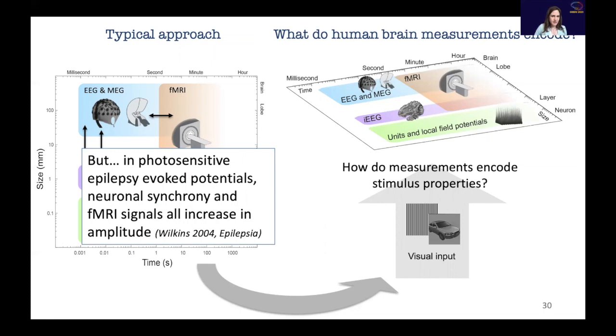In photosensitive epilepsy, we learned that evoked potential, neuronal synchrony, and fMRI signals all increase in amplitude. But let's now take this approach, given what we've learned about image computable encoding models, and apply that and see how different features change as a function of stimuli.